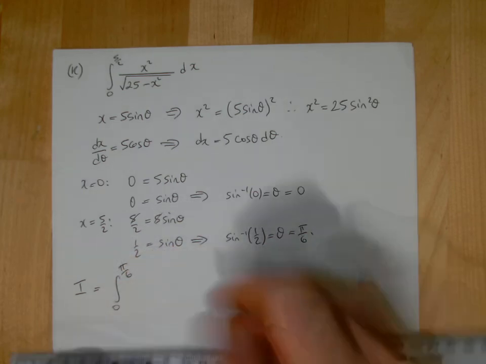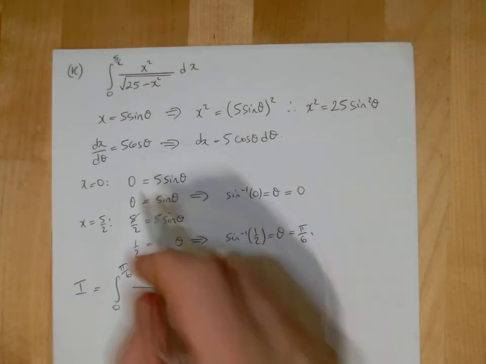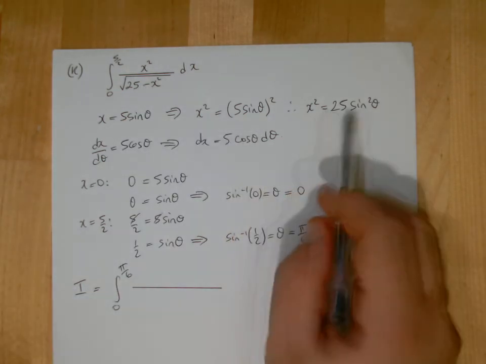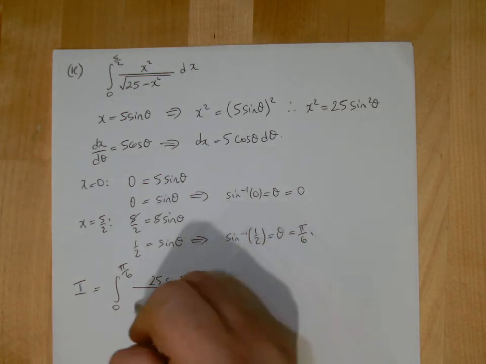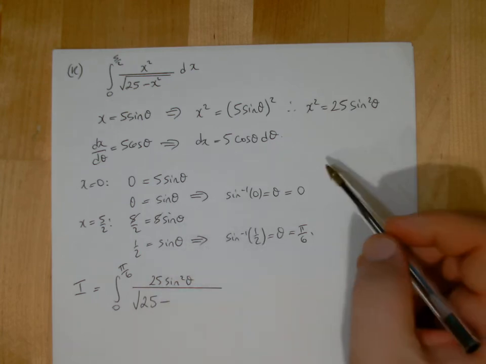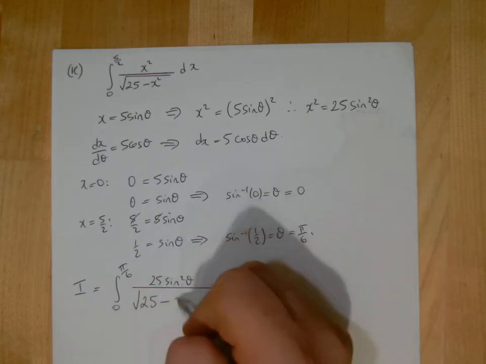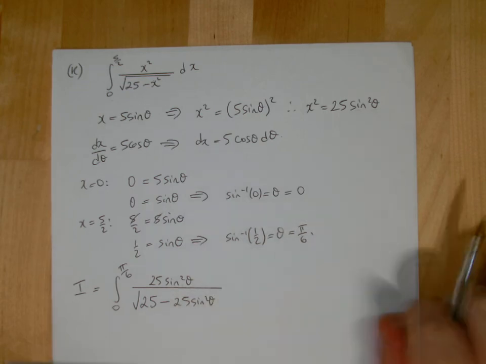So then let's see what we've got. Well, in this fraction, x squared on top, yeah? And we know x squared is 25 sine squared theta. On the bottom then, you've got the square root of 25 minus x squared, which of course is this. Okay, so there's our root.